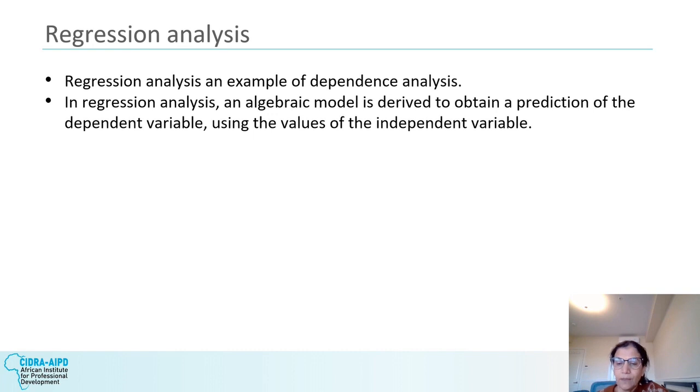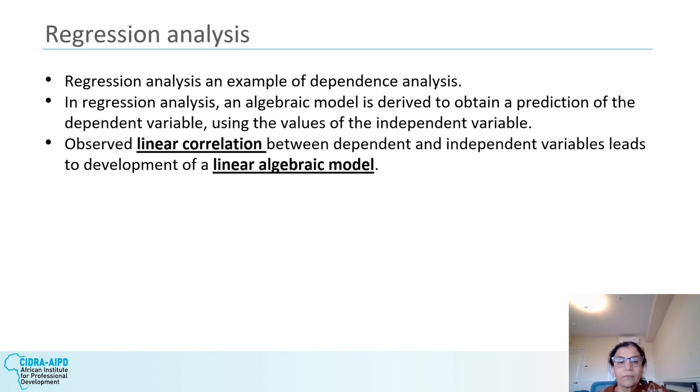So the model links the variable X with variable Y through some algebraic expression. If we have observed linear correlation between dependent and independent variables, it will lead to the development of a linear algebraic model. This is simple linear regression.